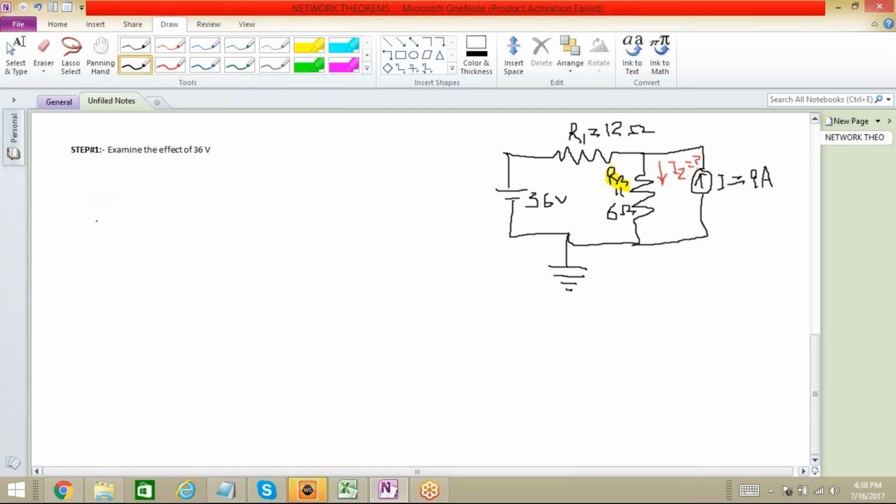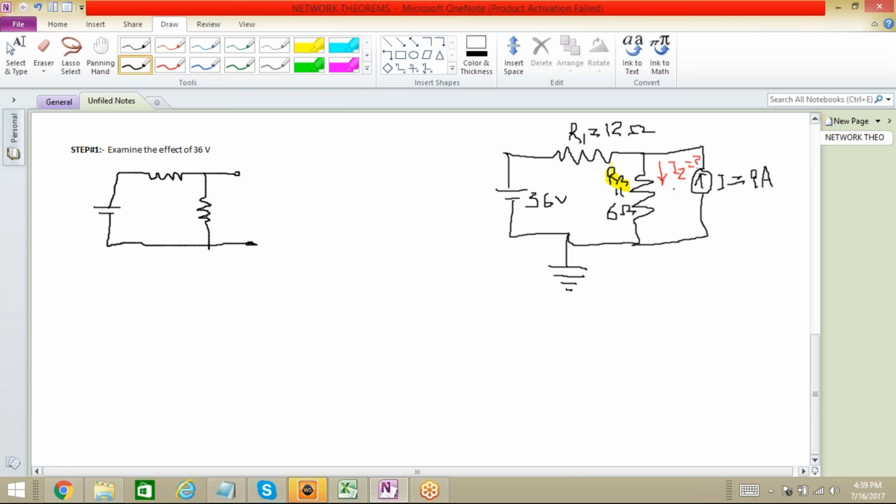What could be the circuit now? This is our voltage source, it will remain the same. Then we have resistance R1, then this is the open circuit. Why?